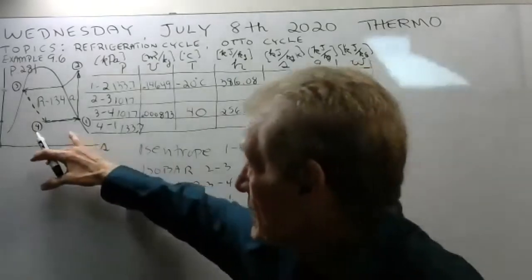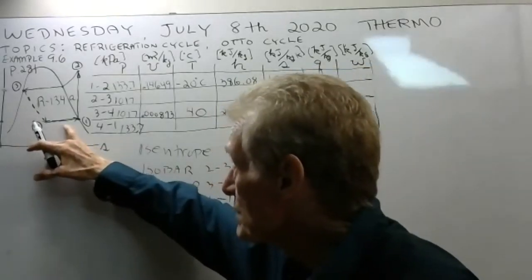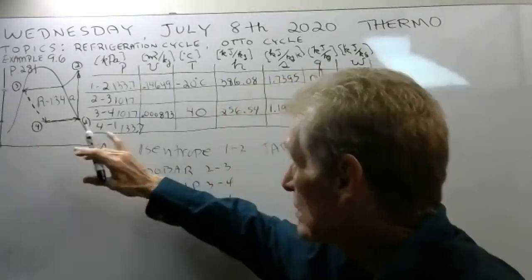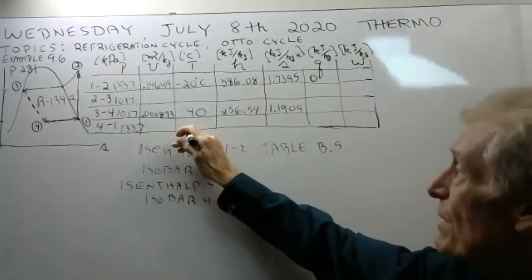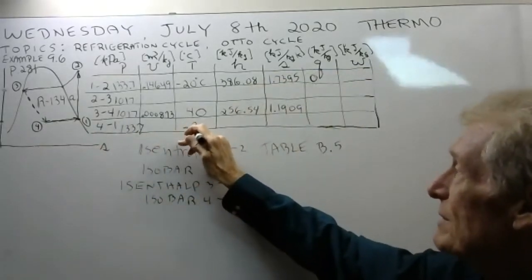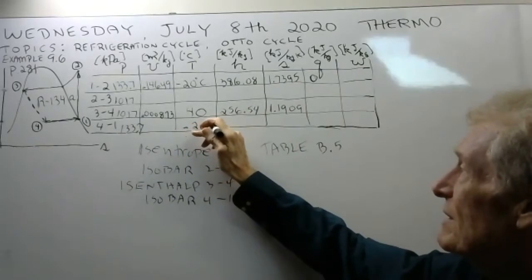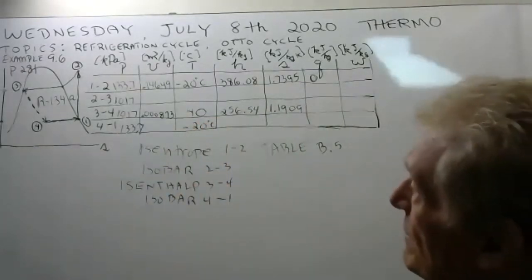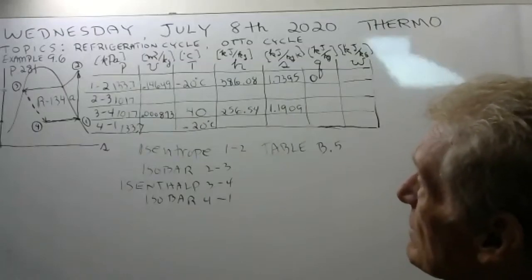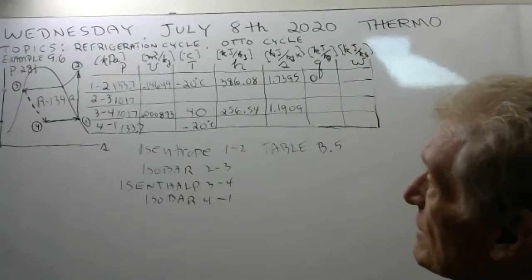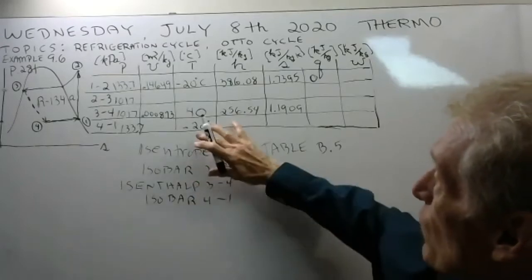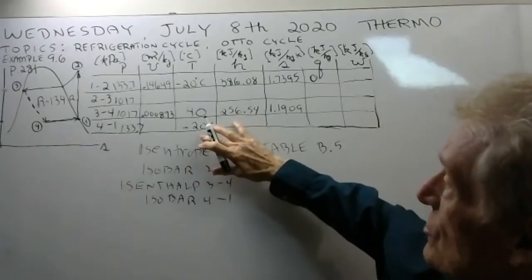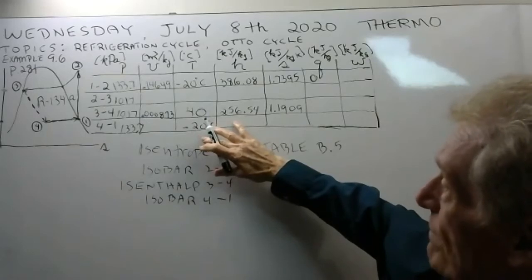Well, inside the vapor dome, the temperature stays the same, doesn't it? So it's minus 20. Now, what about the V or the H? Oh, yes, we do. We can figure what the H is at state 4.